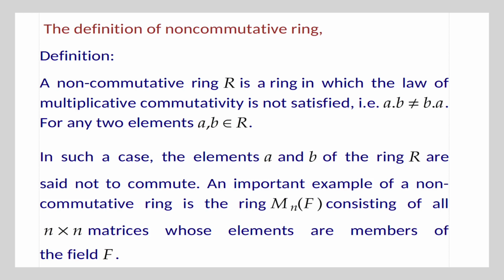An important example of a non-commutative ring is the ring Mn(F) consisting of all n by n matrices whose elements are members of the field F. The following examples will give more clarification towards non-commutative rings. Let us see the examples.